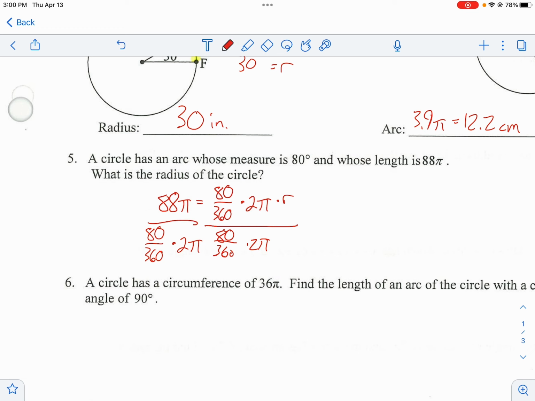So you can see I'm dividing both sides by 80 over 360 times 2 pi. I'm left with r is equal to 88 pi, divided by 80 over 360 times 2 pi. And I'm going to get 198. And that would be in units, I guess.